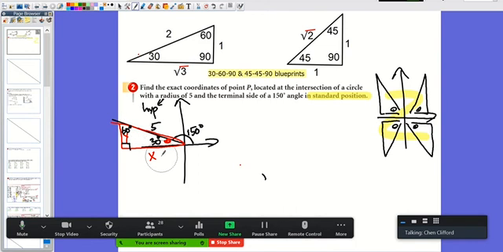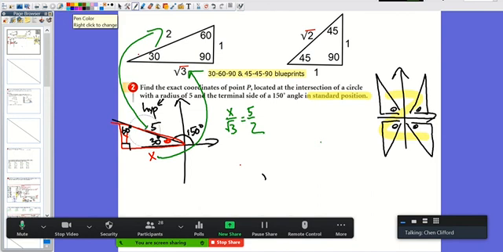I'll do it in green this time. The X links up with the root 3, and the 5 links up with the 2. So you get X over root 3 equals 5 over 2.